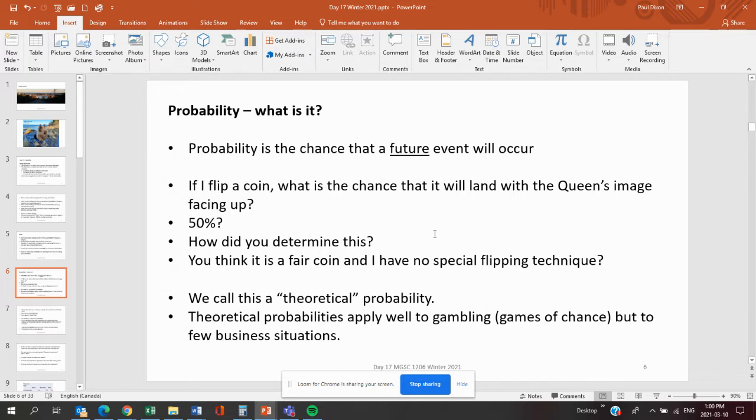We call that a theoretical probability. We get them in gambling with lotteries, with roulette wheels, with some card games under certain conditions, if you're not counting cards, where we can work out the probability based upon the theory of fairness in the game. In business, we don't have a lot of such situations.